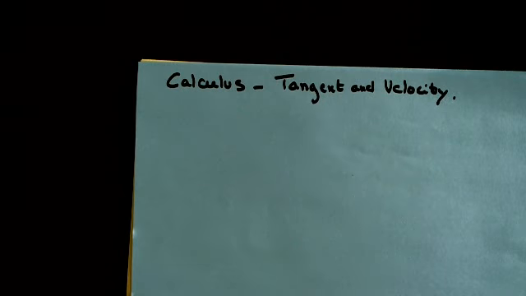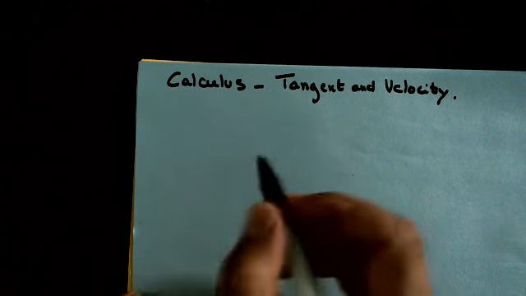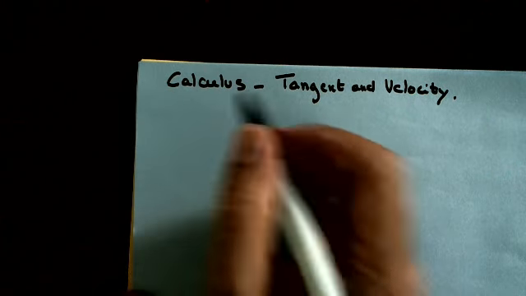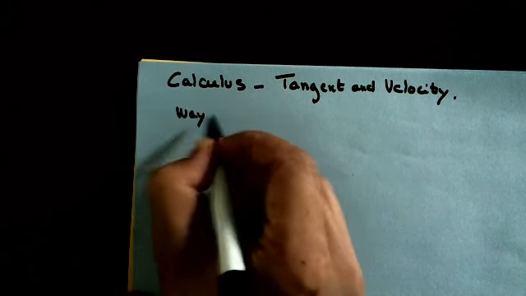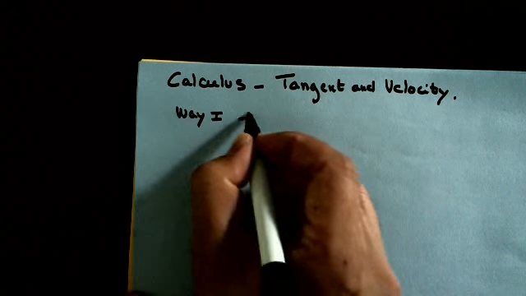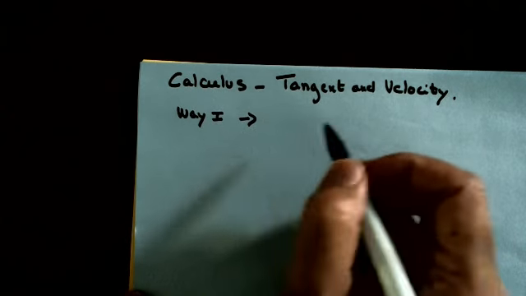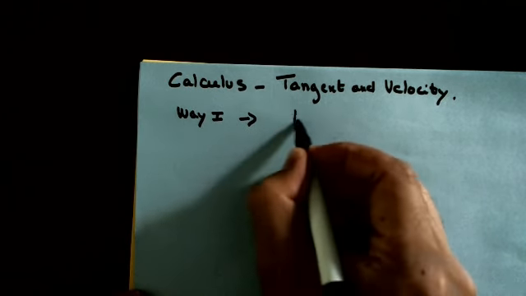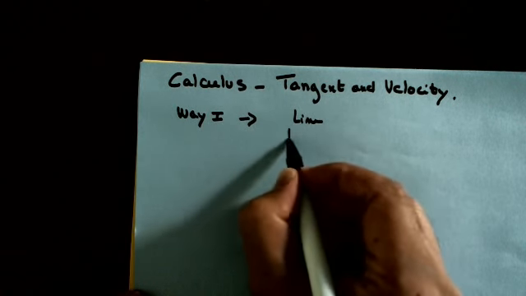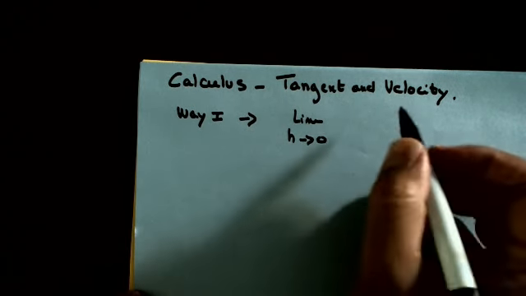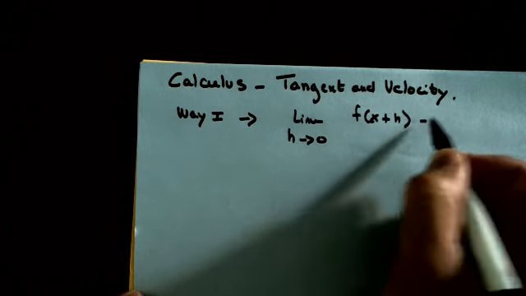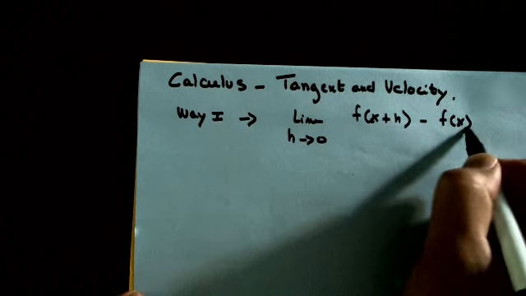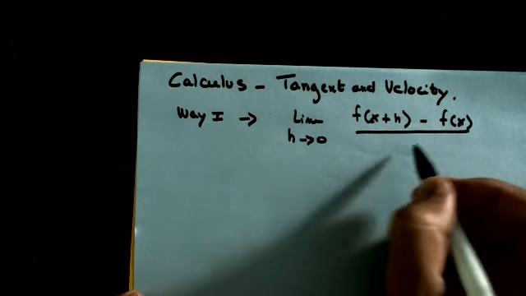Okay, so today we're going to review tangent and velocity. Last time we discussed that there were two ways. Way one is the limit as h approaches 0 of f of x plus h minus f of x over h.